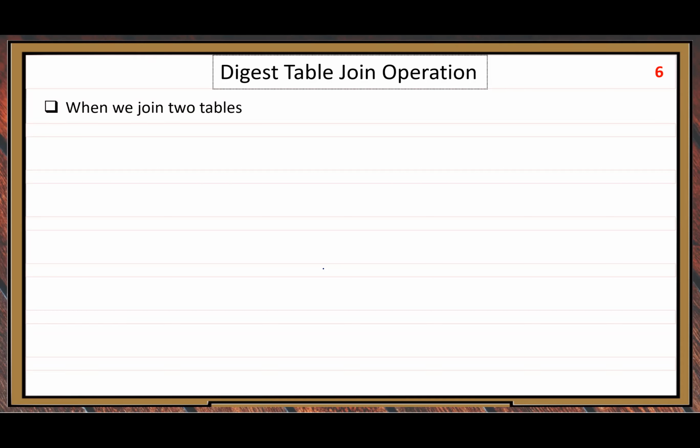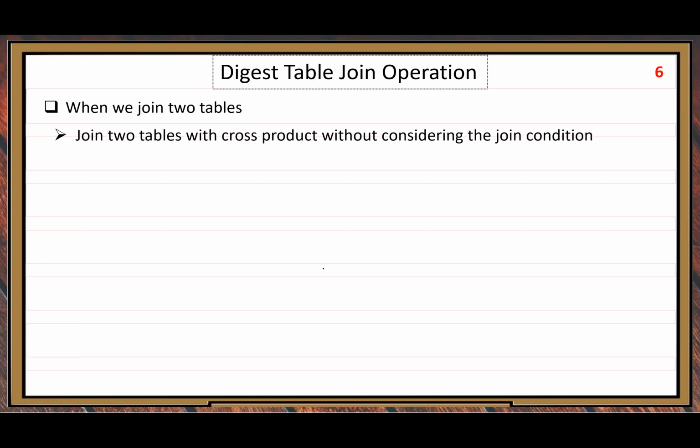When we join two tables, let us do the first simple step. That is, join two tables with a cross product.